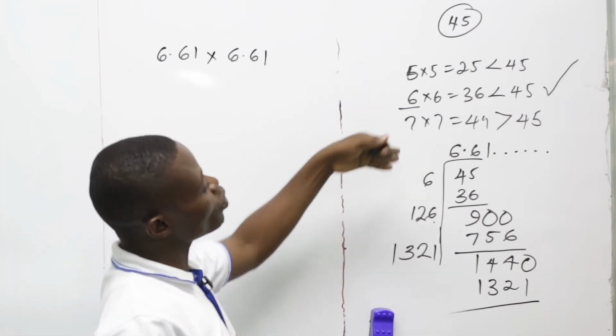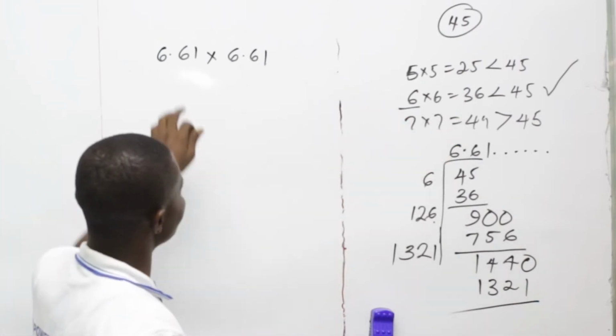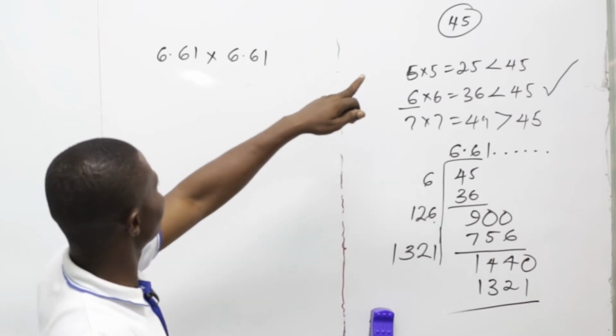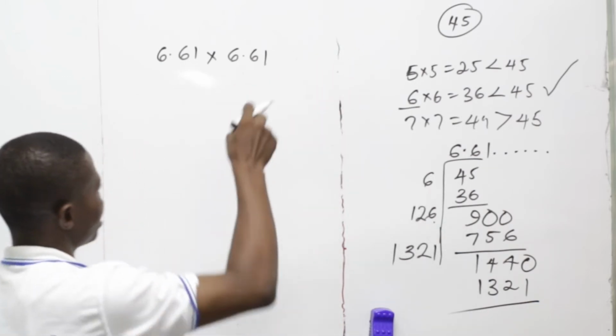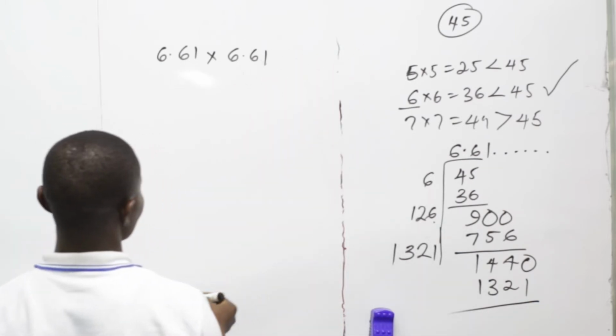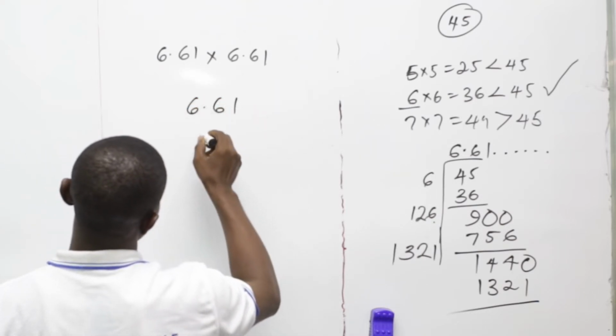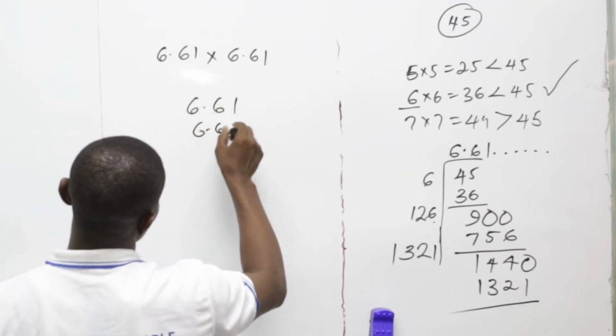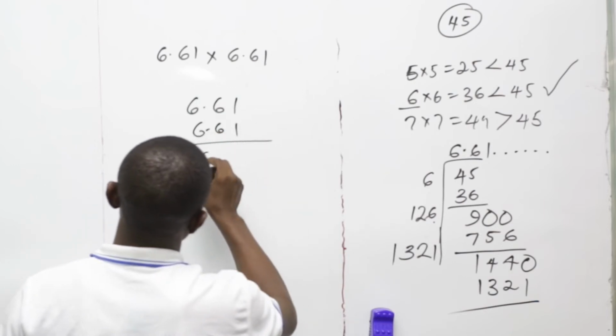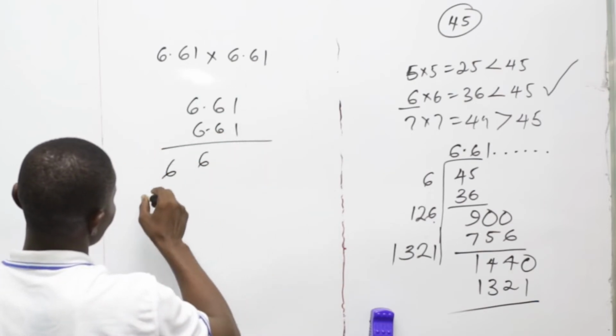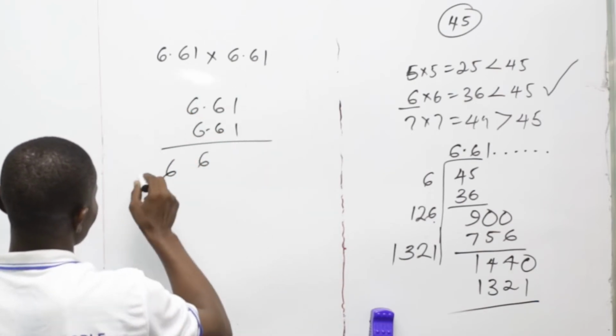Square. That is the square of 6.61. Let's see if it will give us a number close to 45. Very close to 45. This is 6.61. This is 6, 36. Carry 3. 36, 39.